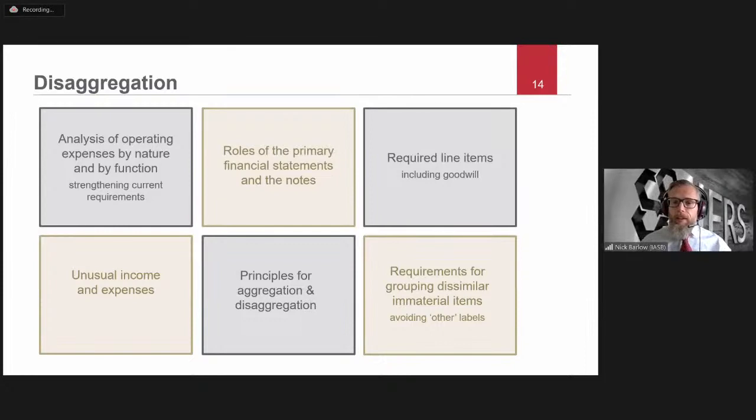I'll start with what we call general proposals, which are more principles-based set of guidance to help preparers. Then talk about the analysis of expenses and this by nature or by function distinction, and then we'll get on to the unusual, which we've touched on a little bit already. So if we move to the next slide.